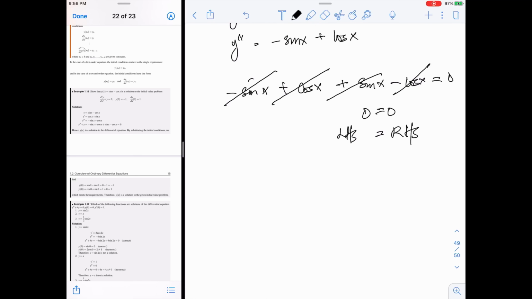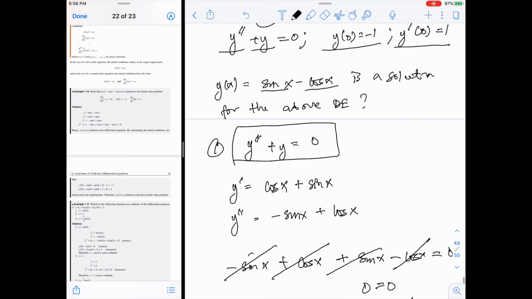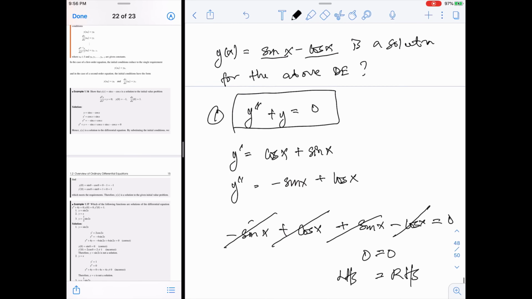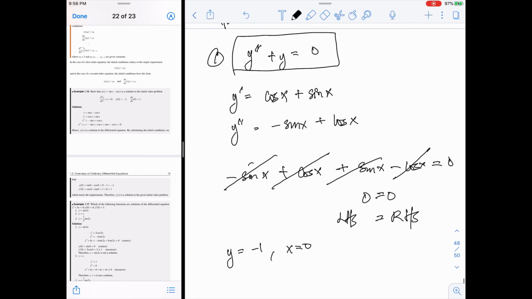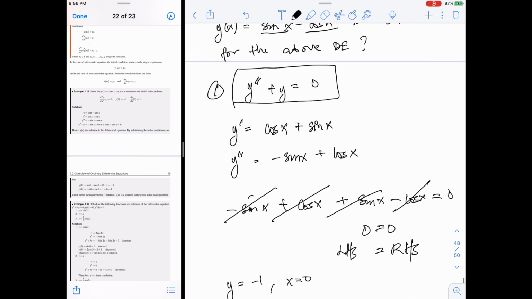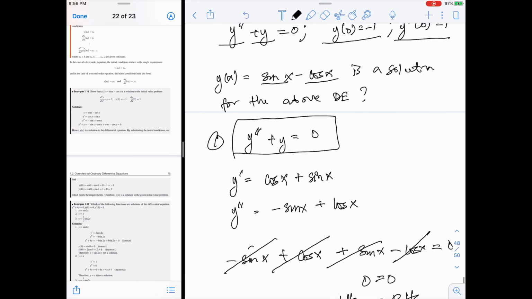Okay, so the second condition states that you need to substitute y equal to -1 and x equal to 0. So when you check here, you need to substitute y equal to -1 and x equal to 0 over here.